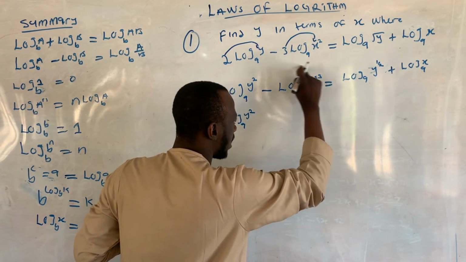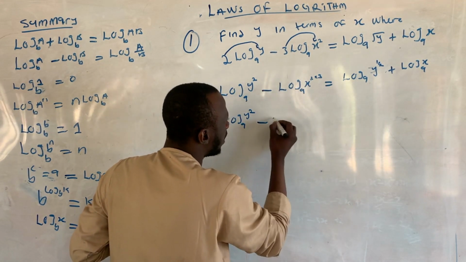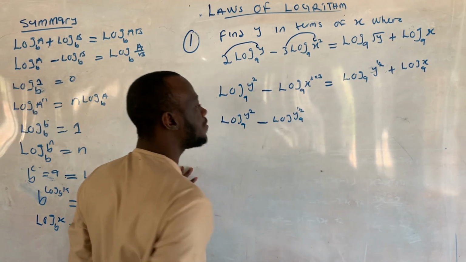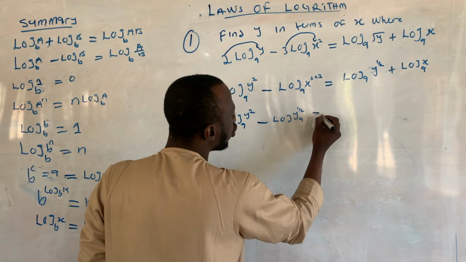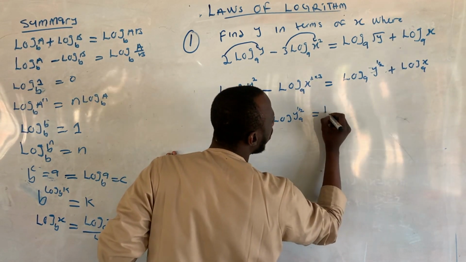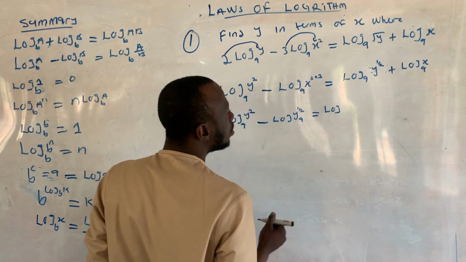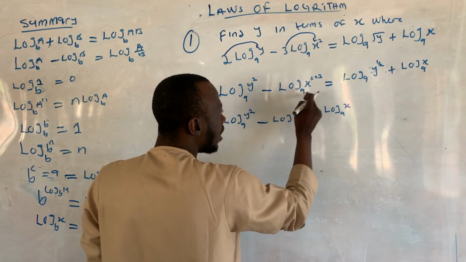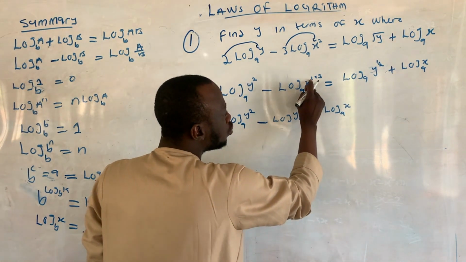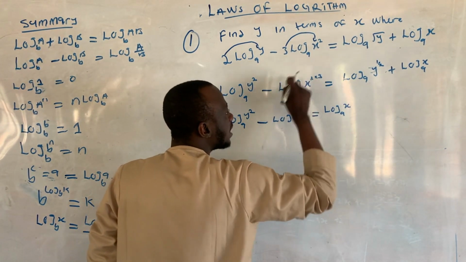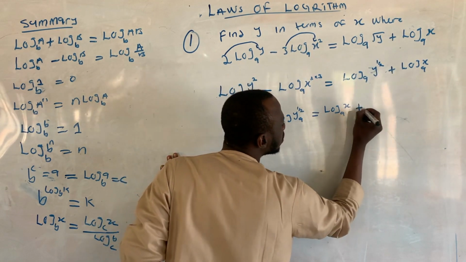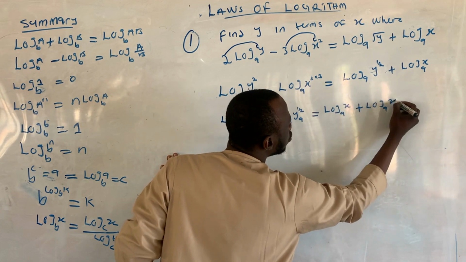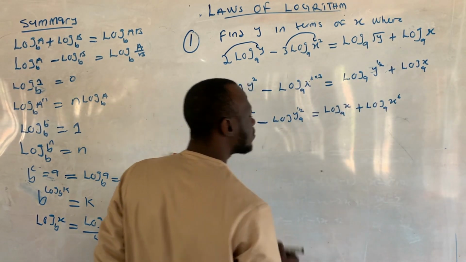When you cross this side, it will become negative: minus log y to the 1 all over 2 base a is equal to log x base a. 2 times 3 here is 6, and crossing sides, the negative sign becomes positive: plus log a x, 2 times 3 here we have 6.